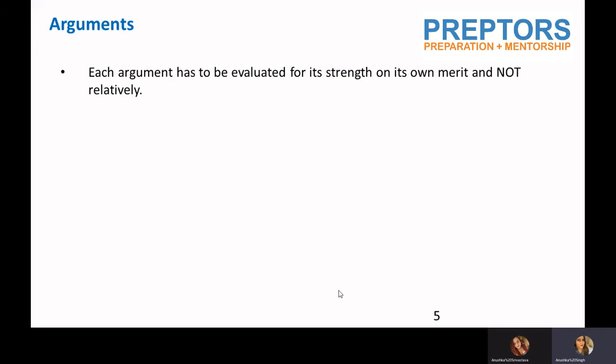When I say its strength, I mean its own merit, its own pointers and its own facts, and not relatively. So you're not comparing the two arguments, okay? Which means if yes is strong, it's not that no will not be strong. Or if no is strong, then yes will not be strong. Both at the same time independently can also be strong. That is why we have option 3, which is both 1 and 2 follow, right?